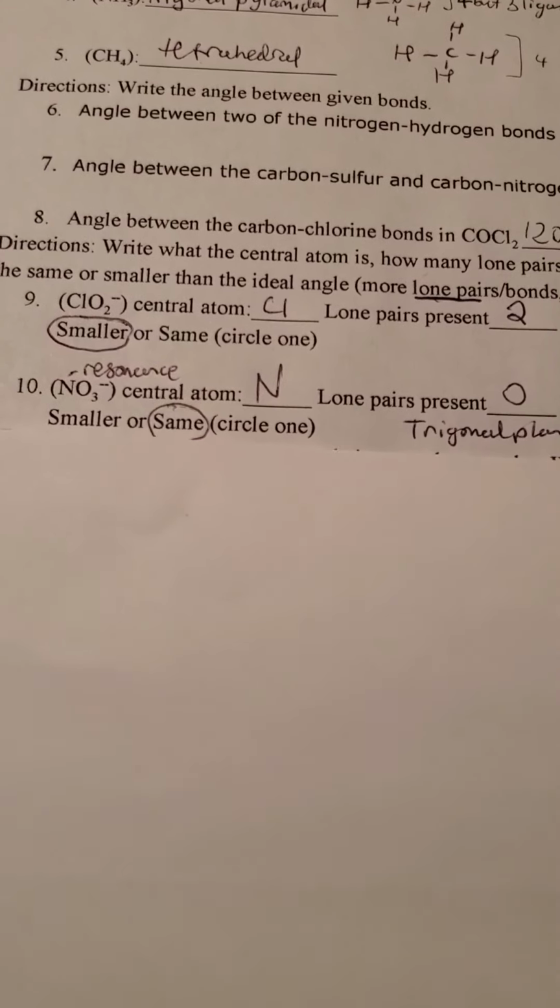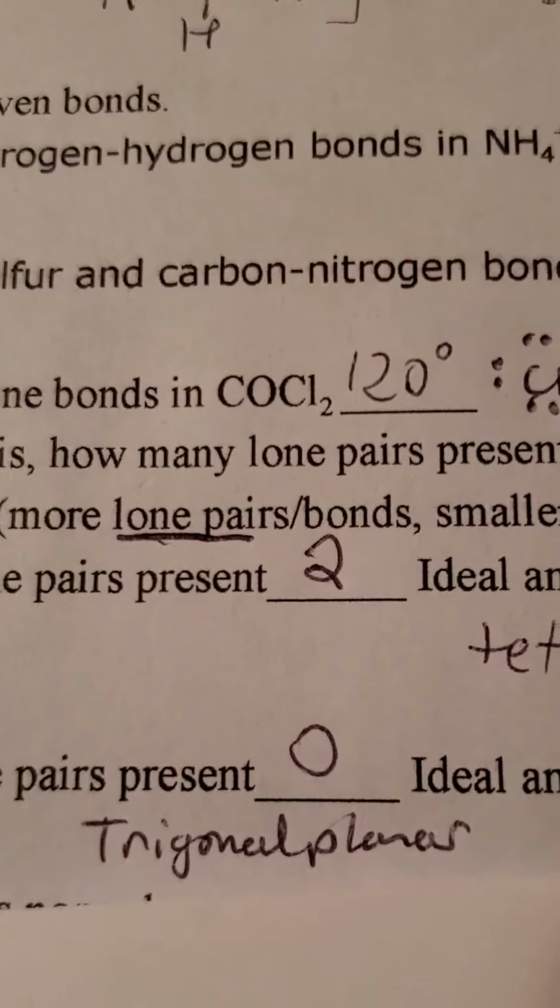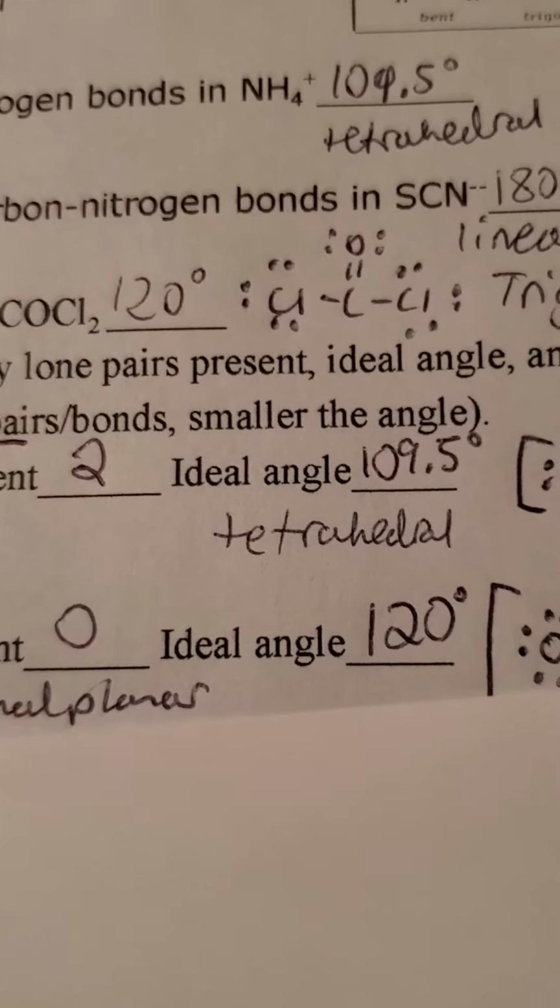Alright, so almost to the end. We're writing out what the central atom is, how many lone pairs present, ideal angle, and whether it's smaller or larger. Now see how it says the more lone pairs or bonds, the smaller the angle. So that's what we're going to do in ClO2 negative. So here's our Lewis dot structure, and that's what we set up.